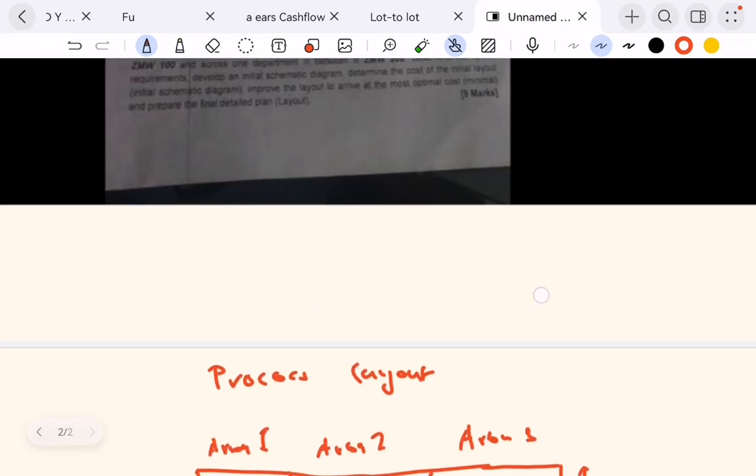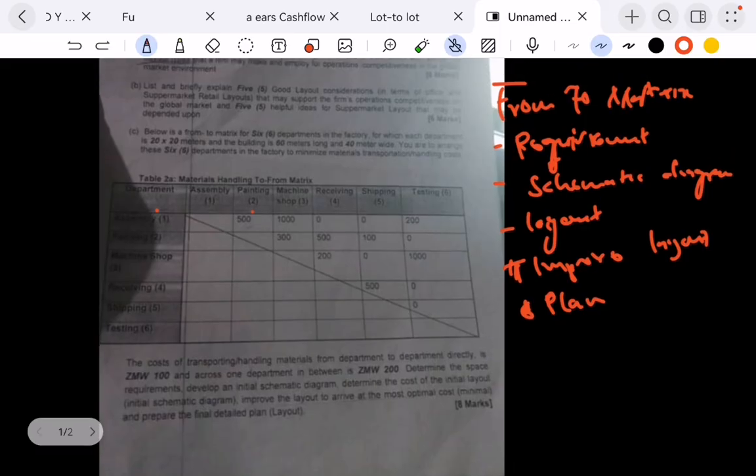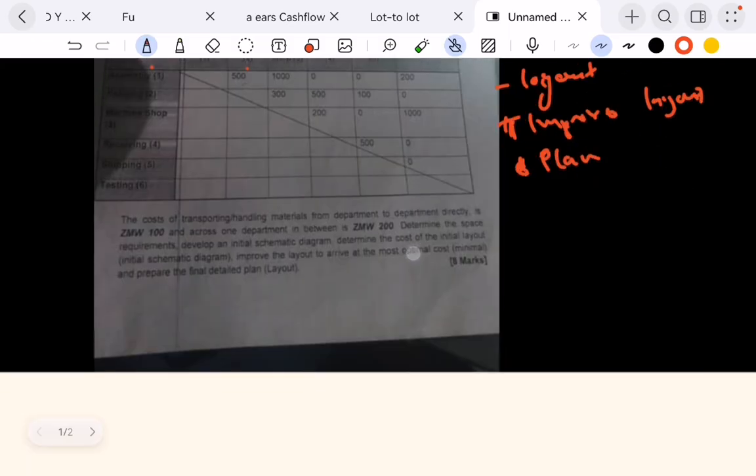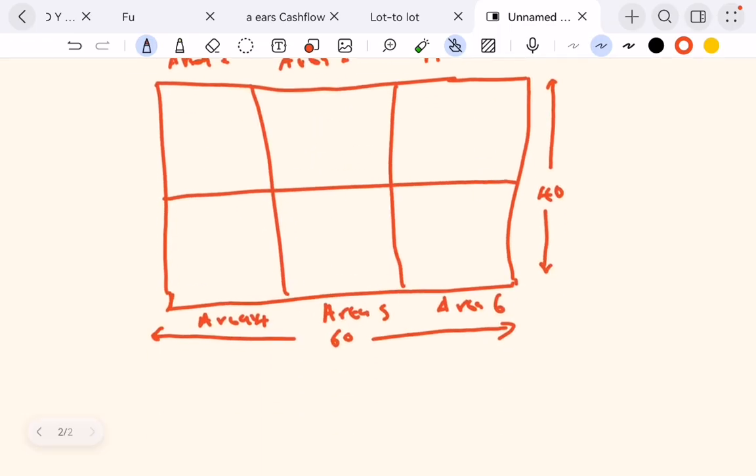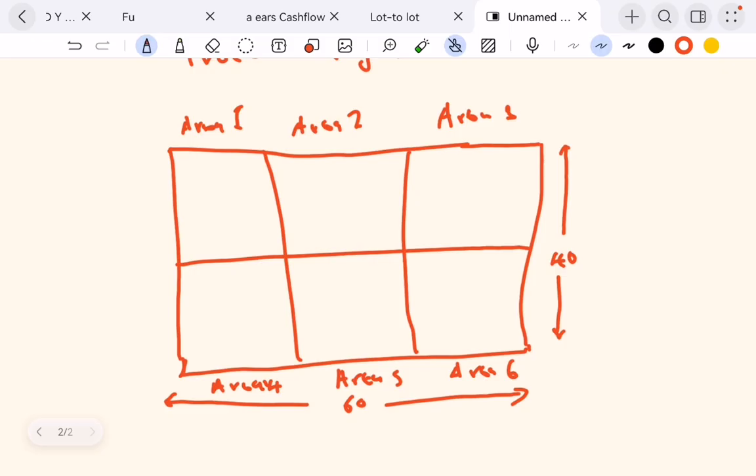So from the table we have assembly 1, painting 2, machine shop 3, receiving 4, shipping 5, testing 6. What we are drawing is this same table, and I'm putting it on this layout diagram so that we see what is really happening.